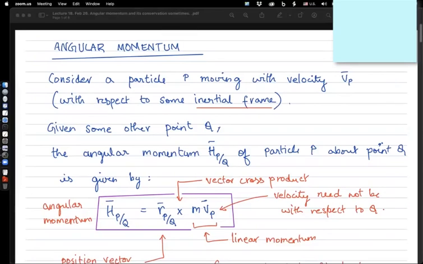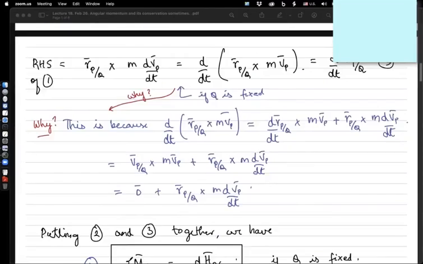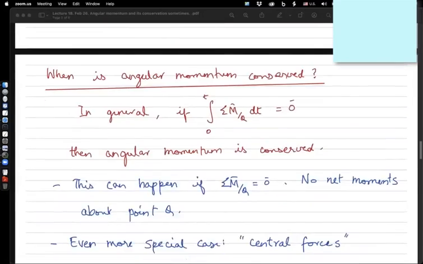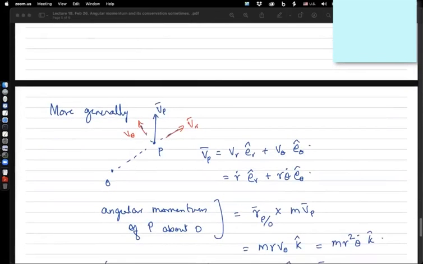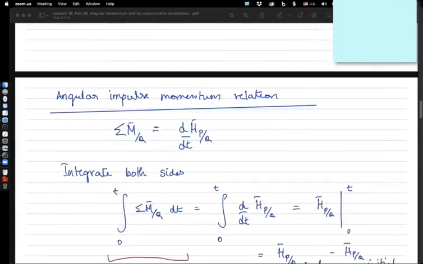So we have a point P moving in some direction and we have point Q that is potentially moving, potentially not moving, etc. Later in today's lecture I have a picture that looks like this, where I've denoted the point as O, but basically you can imagine this to be point Q. Point P is moving in some direction and point Q is potentially stationary or potentially moving. It doesn't matter, okay? So that's the picture. Let me scroll back up.